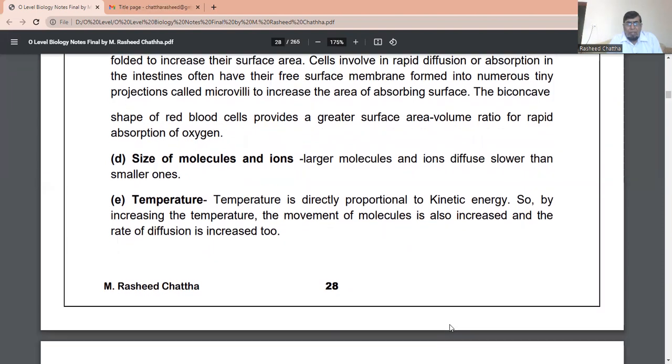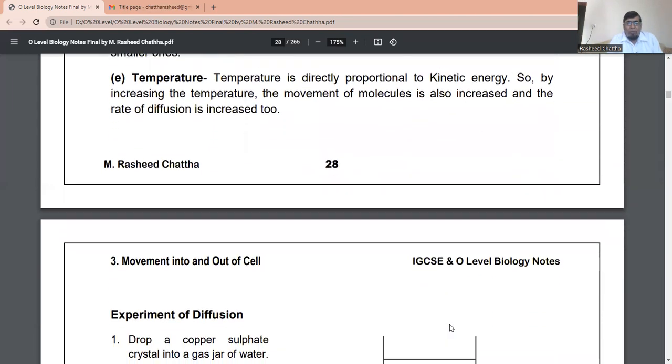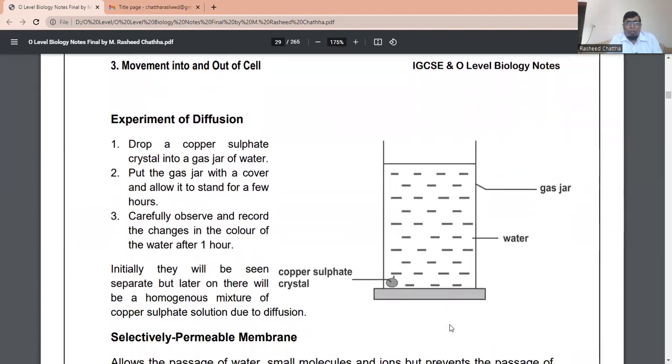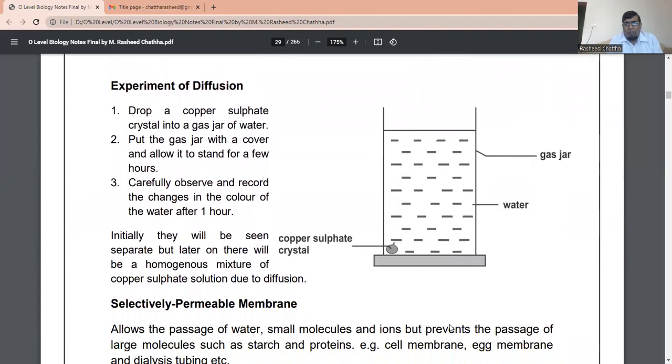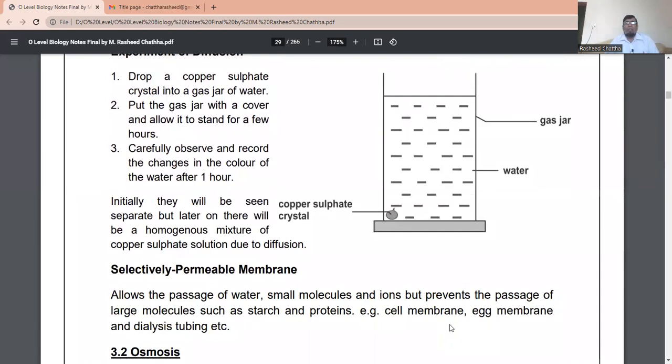Now, my dear students, we have to discuss some of the experiments of diffusion. For example, if we take a beaker of water and put a crystal of copper sulfate in it, it will mix into the water within a few minutes.